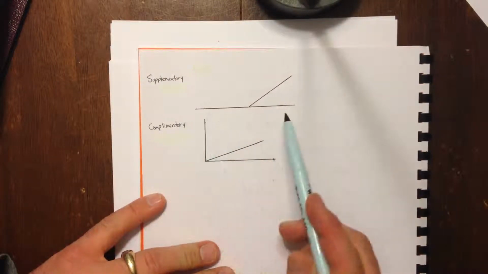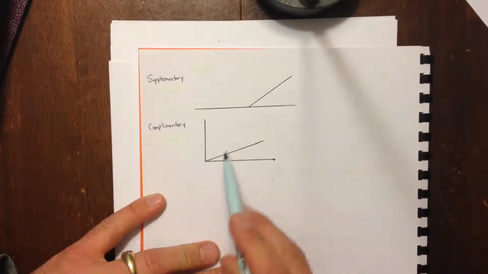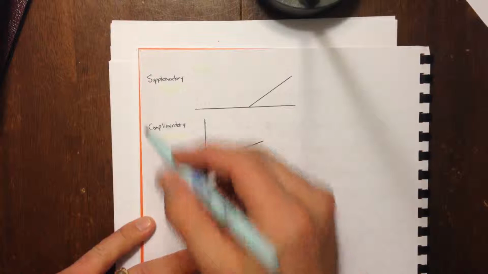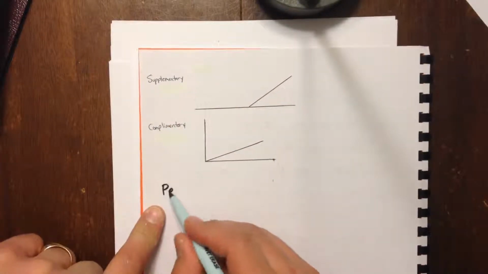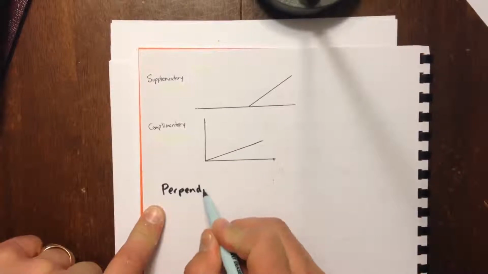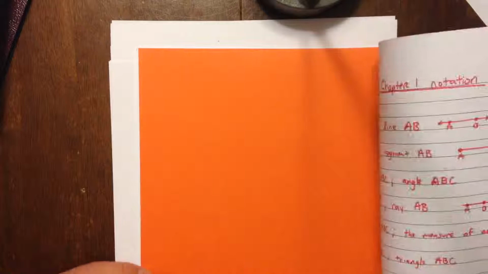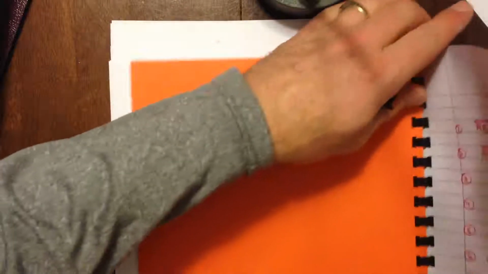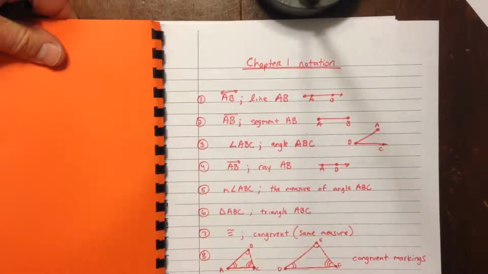This is basically a diagram for supplementary angles, and here's a diagram for two complementary angles. To add to our list, this is just on the back of that front page that we did the other day. So we did all this notation.